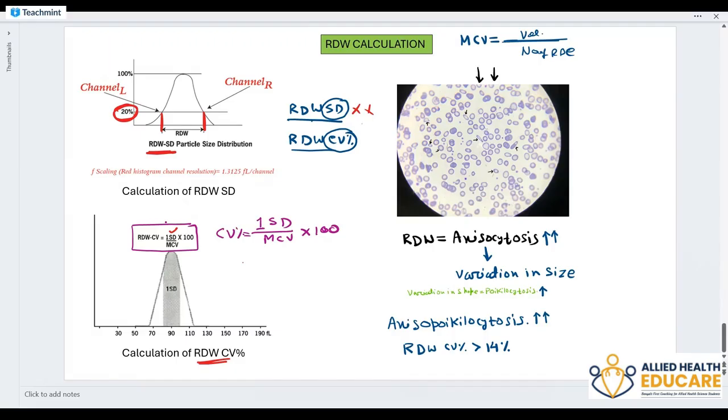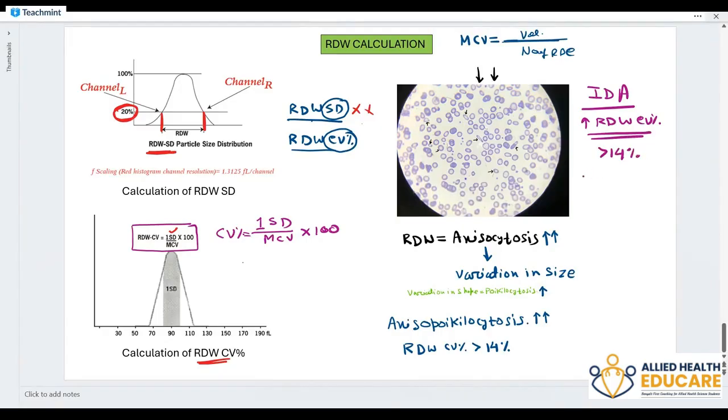And I have given you a little idea about the RDW calculation and when the RDW value is considered. The importance of RDW value is to diagnose different types of anemia. As I have already told in my previous lecture, part 1, in case of iron deficiency anemia, there is an increased value of RDW CV percentage, and it goes beyond 14%.